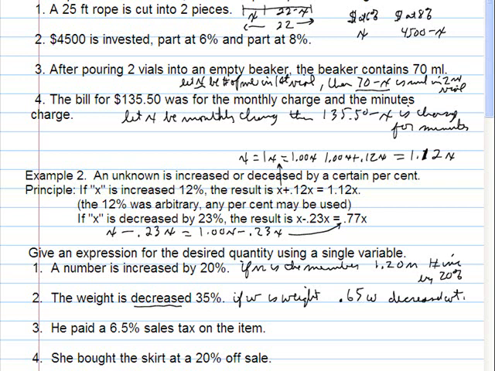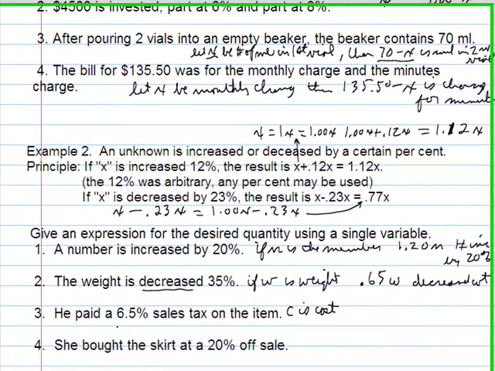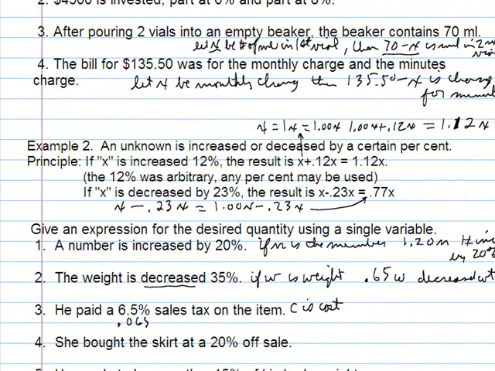Now, the next one's not quite so clear. It doesn't say increased, doesn't say decreased. It says he paid a 6.5% sales tax on the item. Suppose C is the cost of the item. If you pay a sales tax, that doesn't reduce what you pay, that increases what you pay. And 6.5% translates to 0.065.